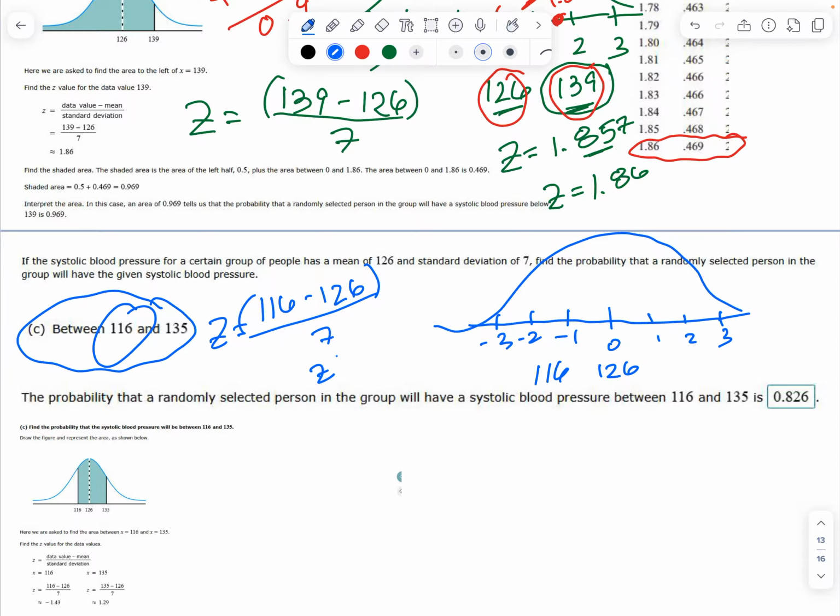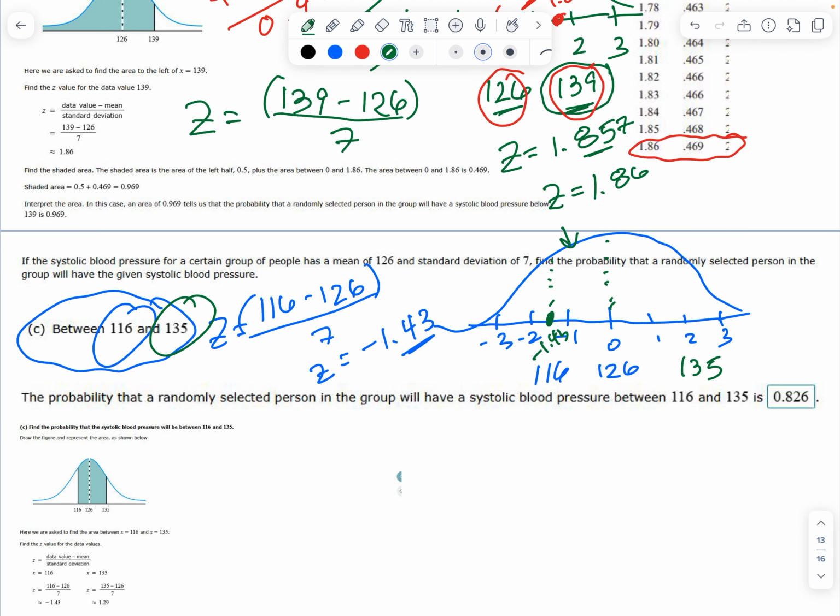I get a z-score of negative 1.43, and that's me rounding to 2 decimal places. Now let's find the z-score that goes with 135. Before I do that, let's go over here and mark negative 1.43, which is right here.